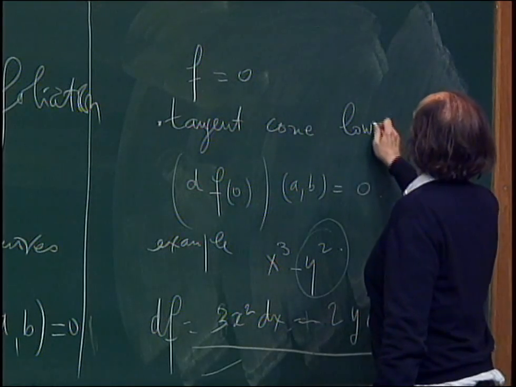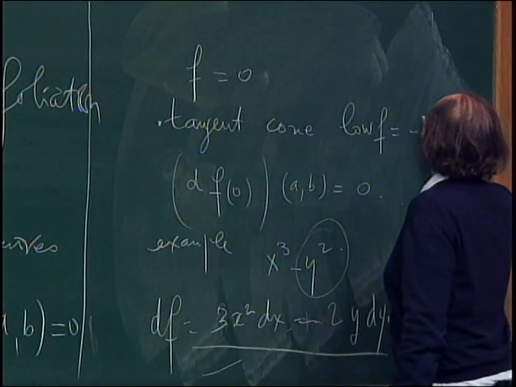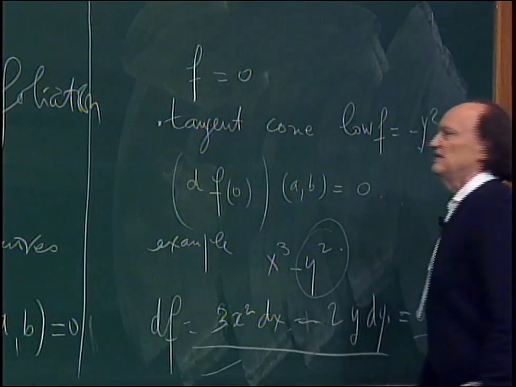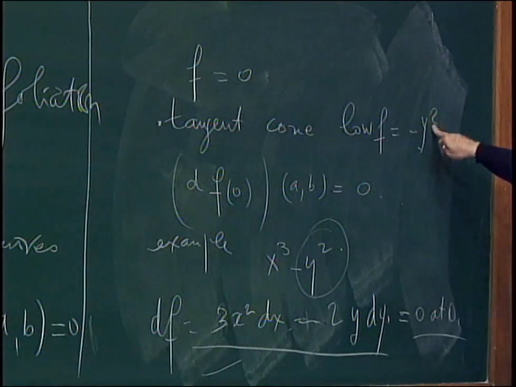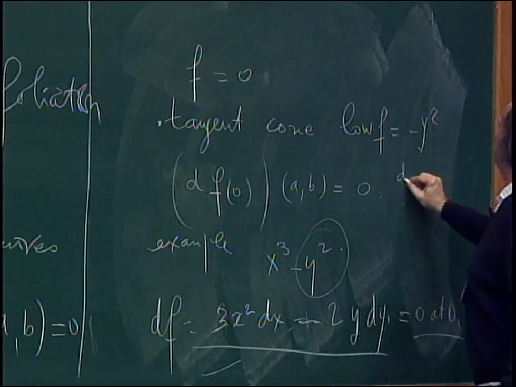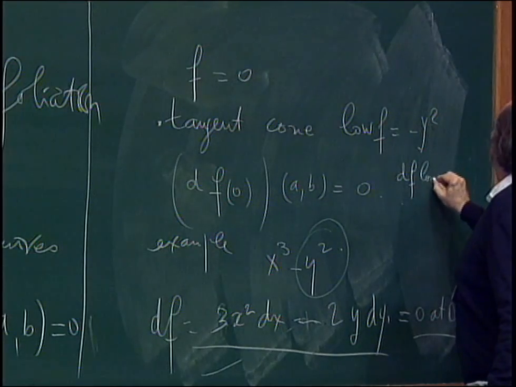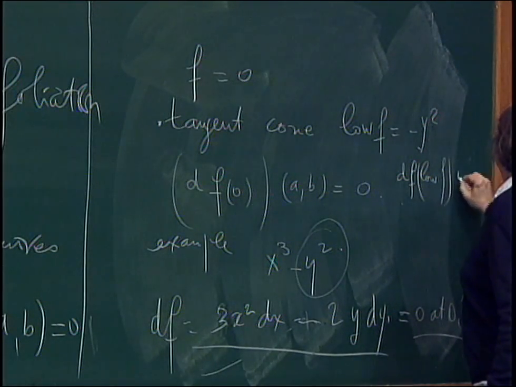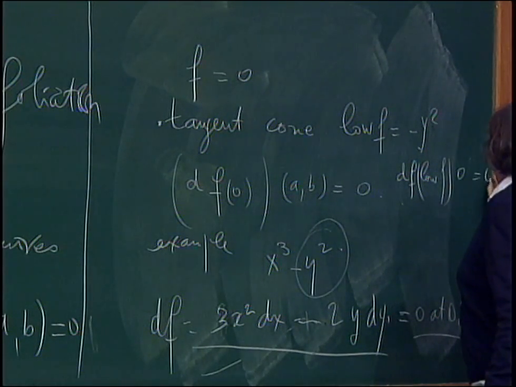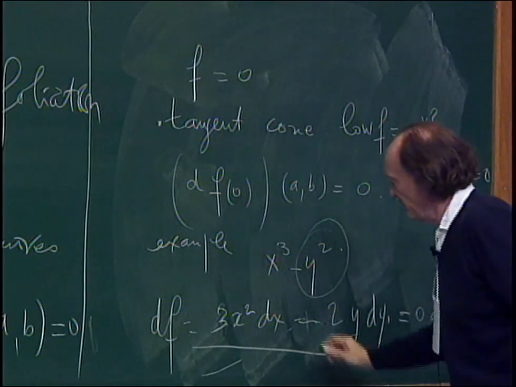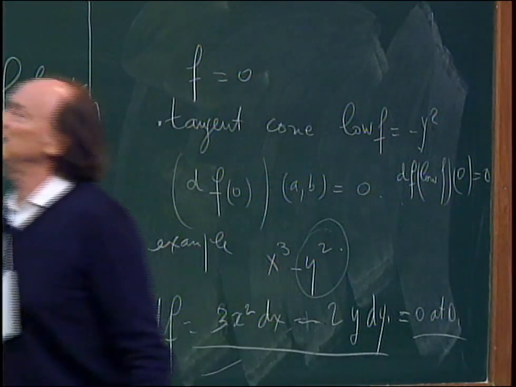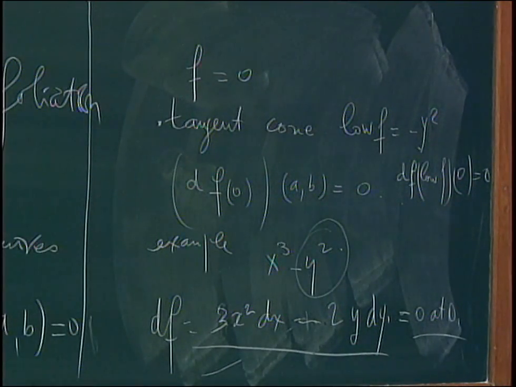So low f equals minus y squared. But still you see this square. And if you look at df of the low of f at 0, this is just 0. We will see why this is important when we raise the dimension.